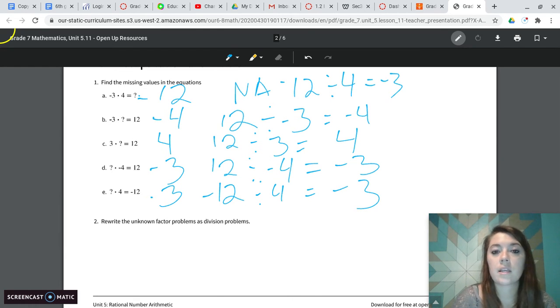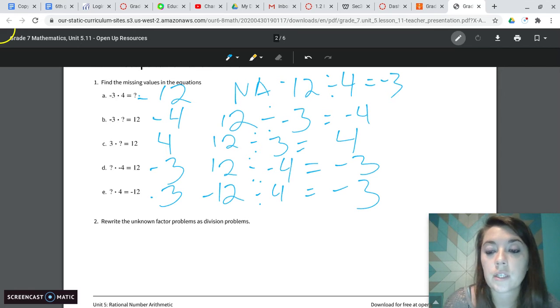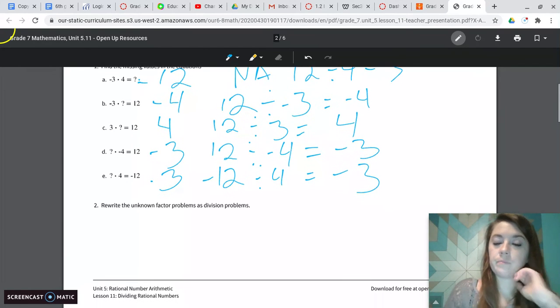So it's how we're going about solving these. That's what we're looking at in rewriting our equations as division problems. That's why the first one I put not applicable, because we don't actually know what it equals, but I'm just showing you that we could write division equations.